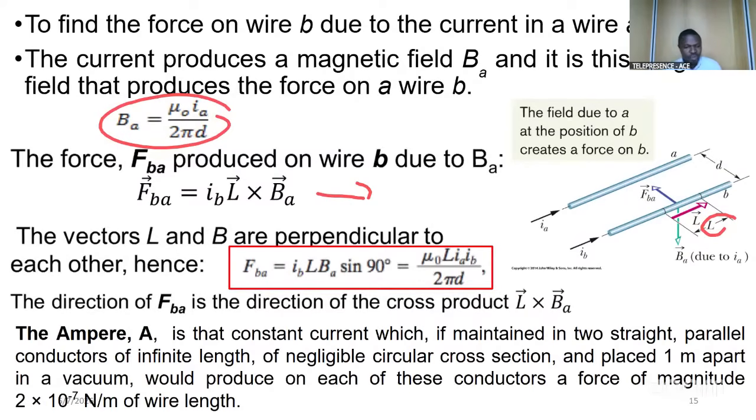So the force on B due to A is the current multiplied by L multiplied by the magnetic field of A times sine 90 degrees, and sine 90 is 1. Our BA is this one, and we can quickly substitute for it. So the direction of force FBA is the direction of the cross product L cross BA. Are you following?